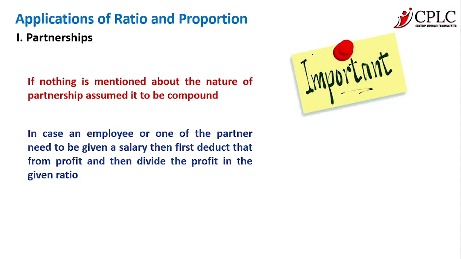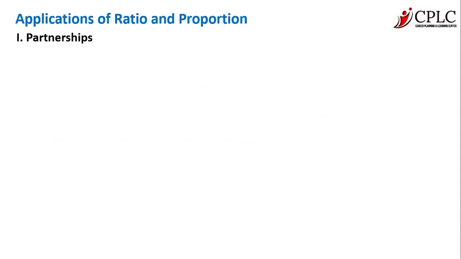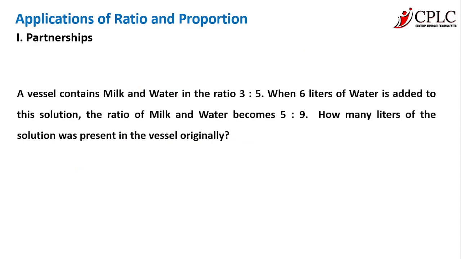Now, let's have a look at another scenario, which is called mixtures, the second part of this idea. They have tried to explain that with a question straight away. So let's read it.